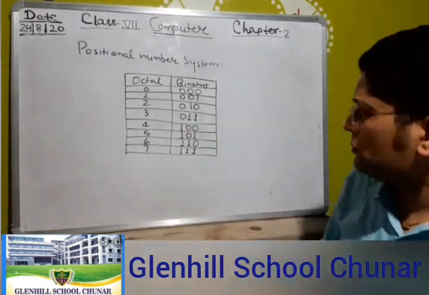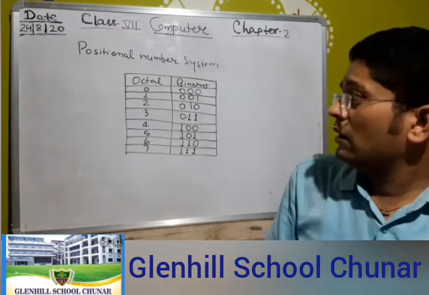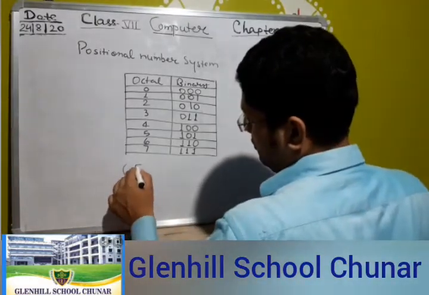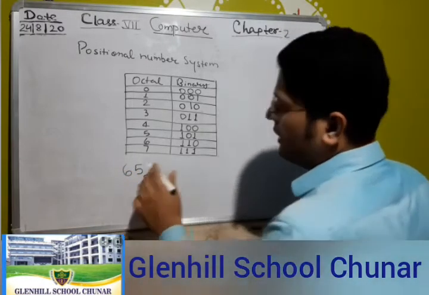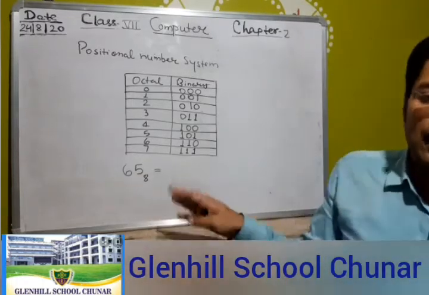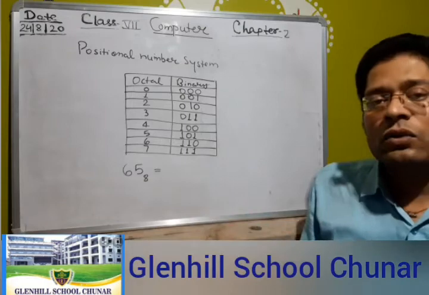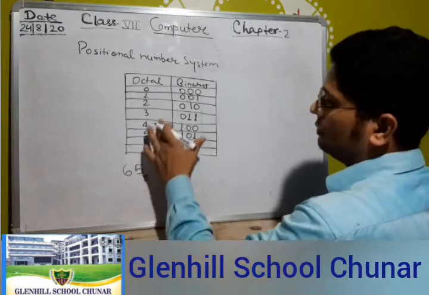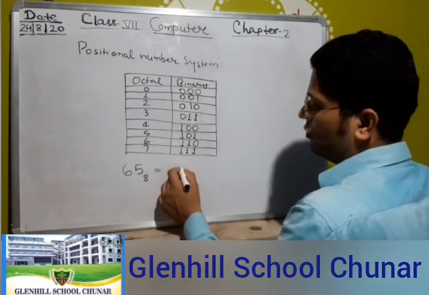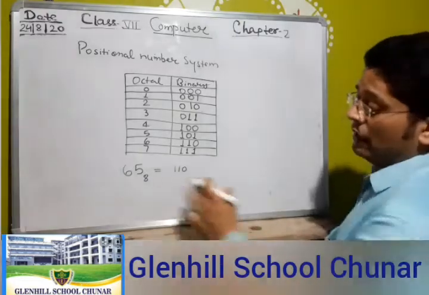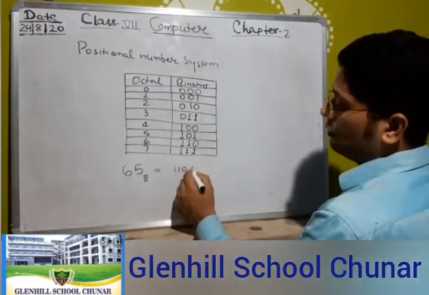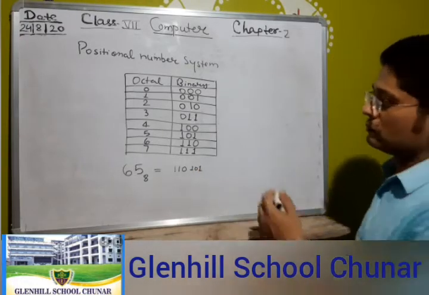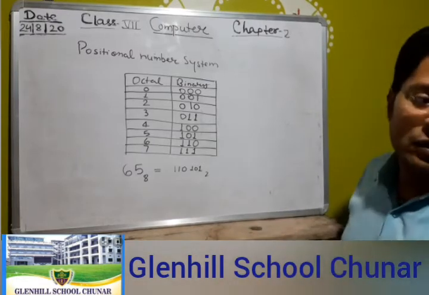Suppose you have octal number 65 and want to change it to binary. How will you do it? 6 is 110 and 5 is 101, so this is the binary: 110101.